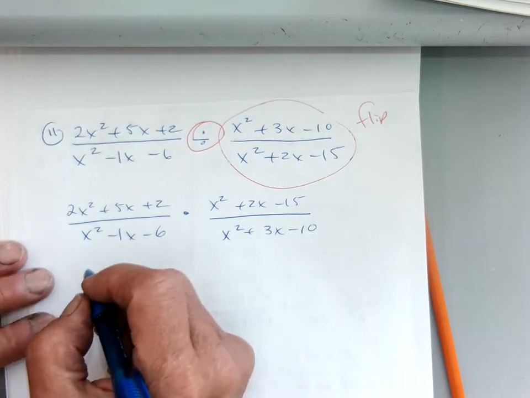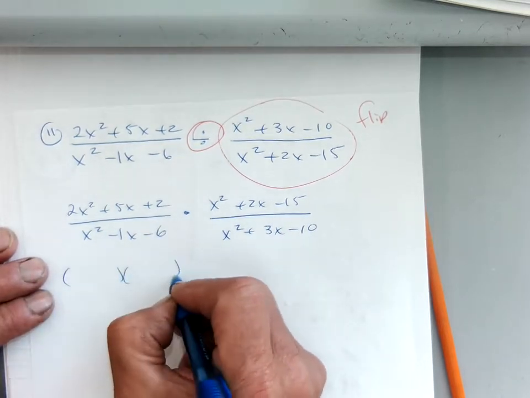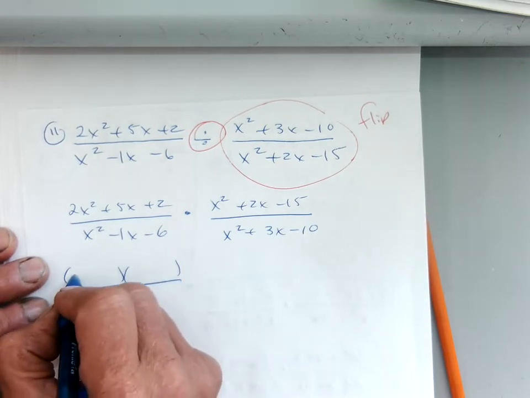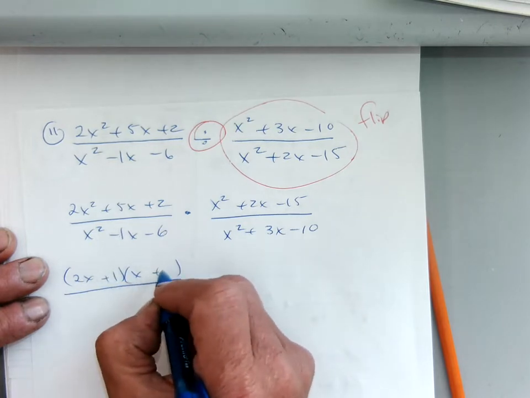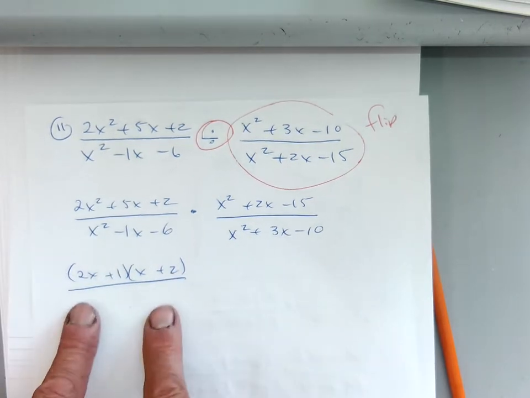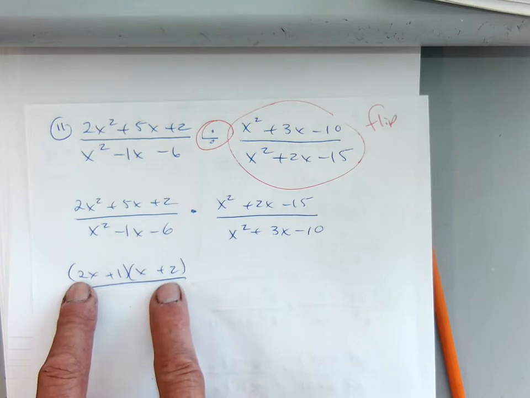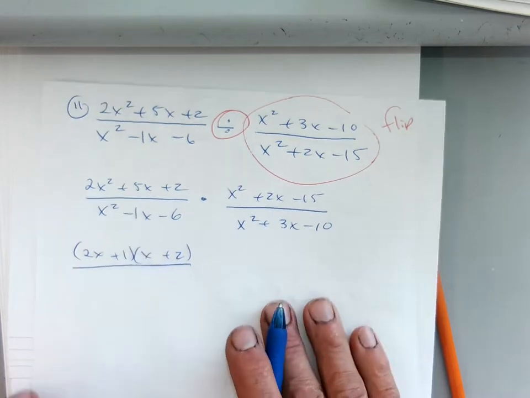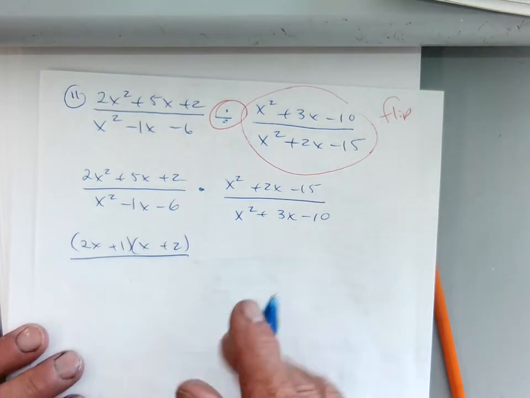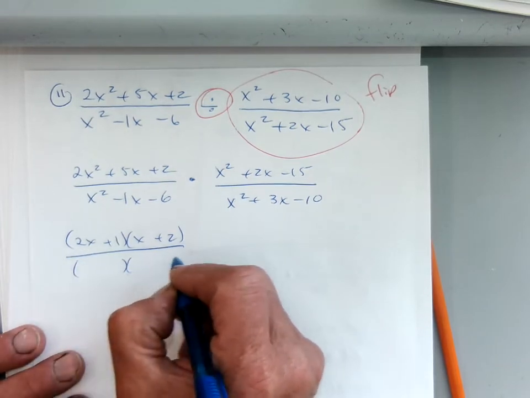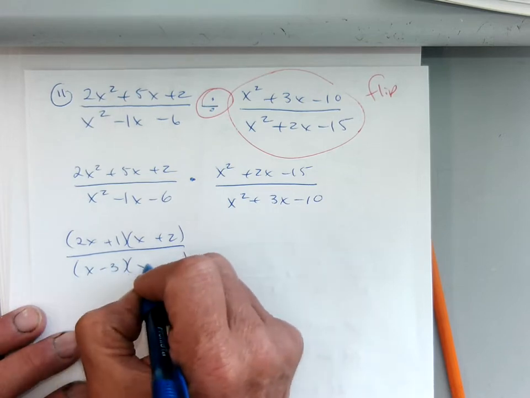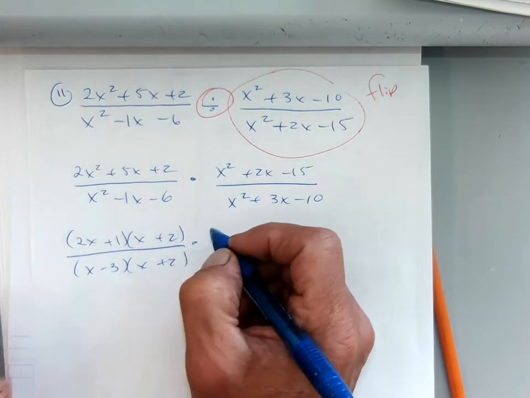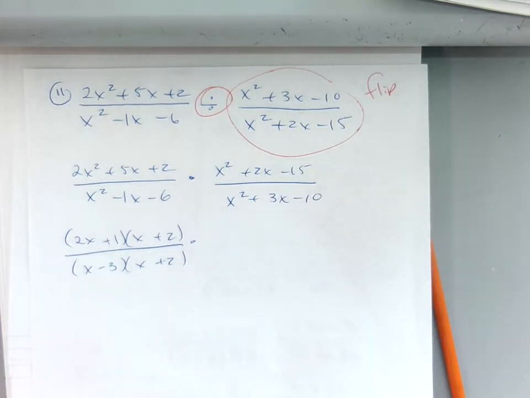Okay, so factor the numerator of the first fraction. 2x plus 1, x plus 2. Do you remember the double smiley? Here's my 4x plus 1x makes my 5x. Remember how you factor with your double smiley? The denominator of the first fraction is x minus 3, x plus 2.